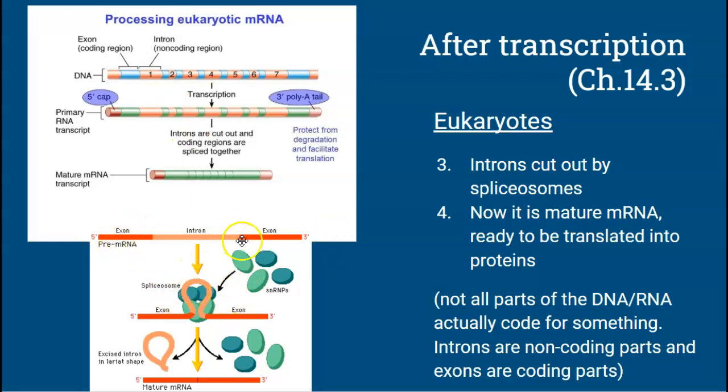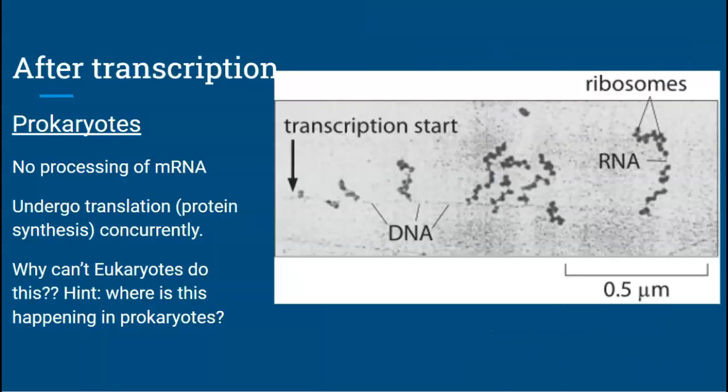So here's an exon, and you kind of get this little loop, and the spliceosome comes and cuts it out and then joins the two exons together, okay? So this might be what it looks like after it's made, but then once those introns are cut out, this is what it looks like. So in this picture, the greens are your exons, the part that you want, and the reds are your introns, the part that you don't want. Okay, so that's going to happen.